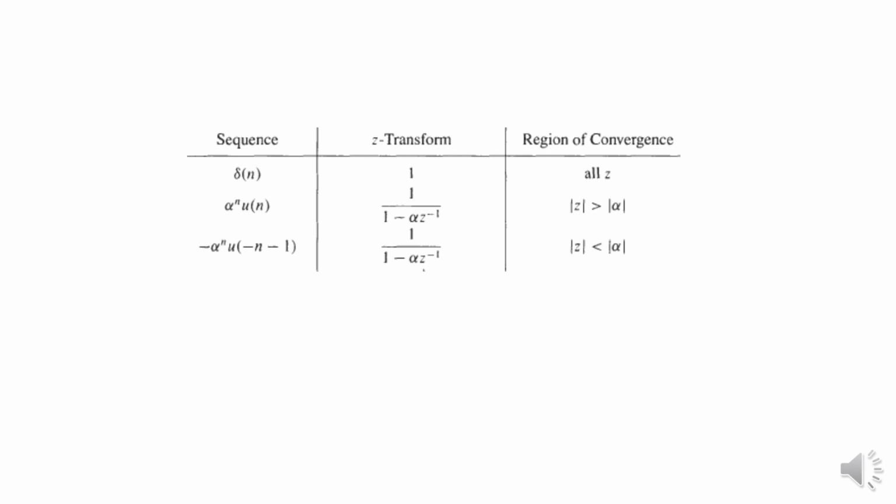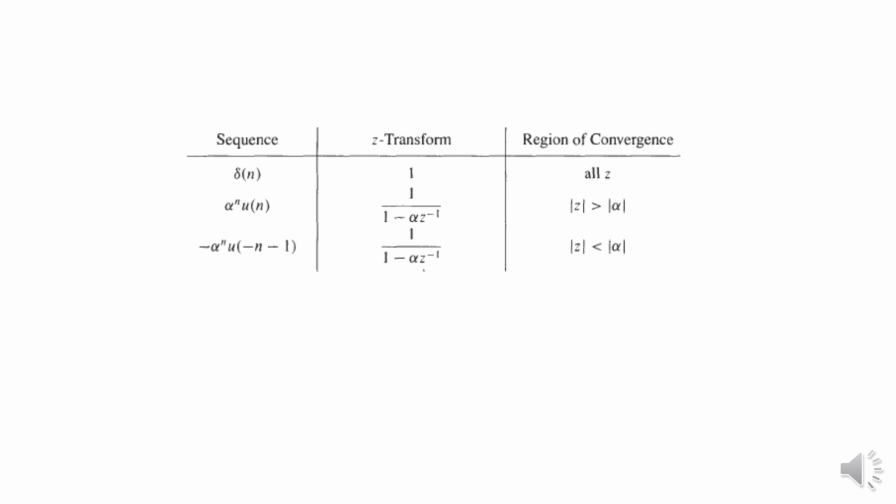That term is like 1 divided by 1 minus a z to the power minus 1, so the inverse z transform will be a to the power n u[n], right? Instead of a, what we have is 1 over 2. Since it is multiplied by minus 9, the inverse z transform will be minus 9 into 1 over 2 to the power n u[n], right?